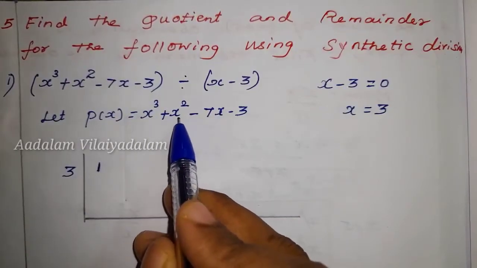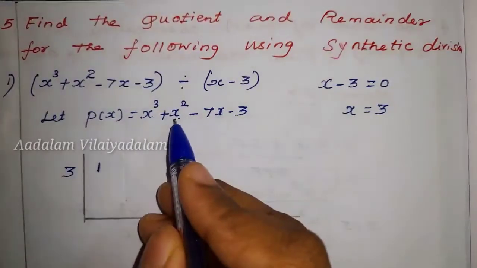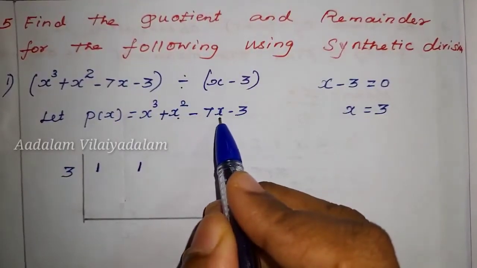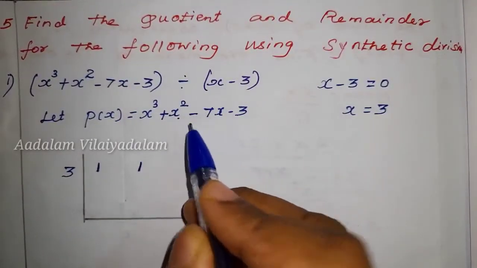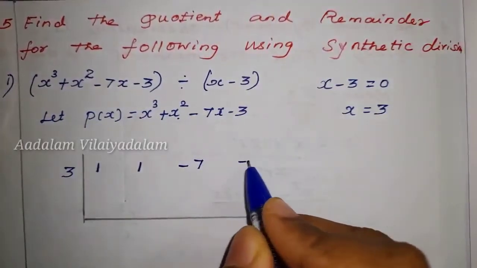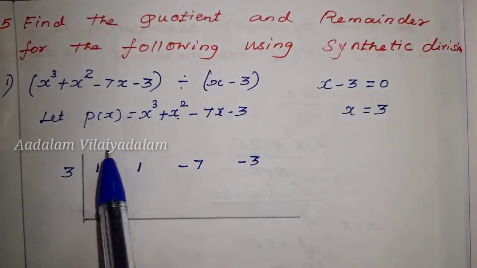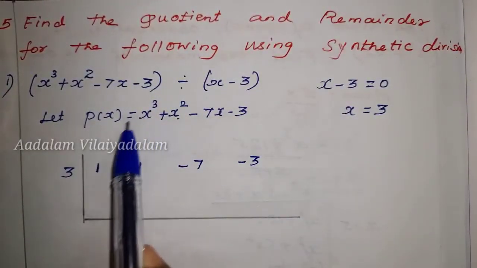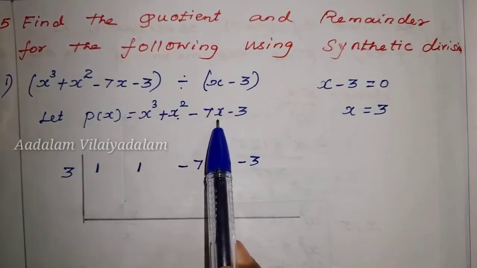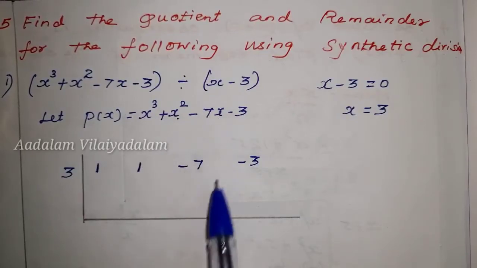Coefficient of x square also 1. Coefficient of x, that is minus 7, and the constant term is minus 3.